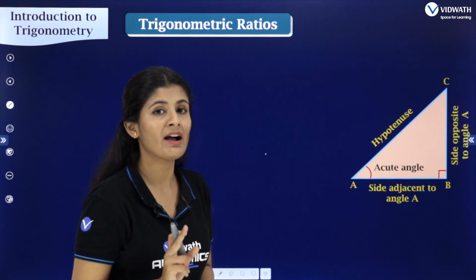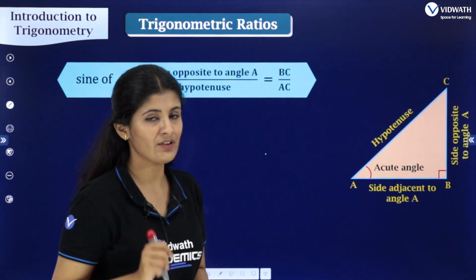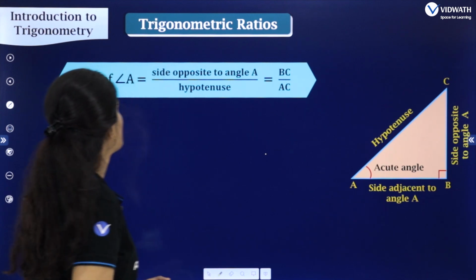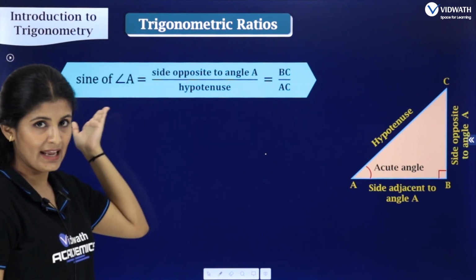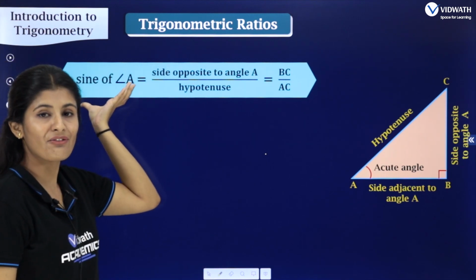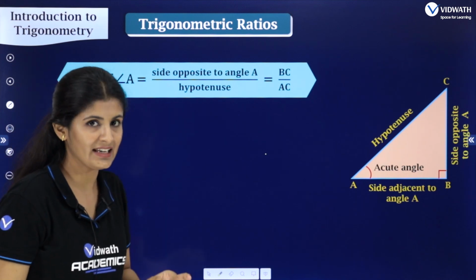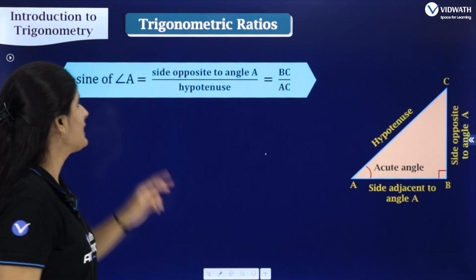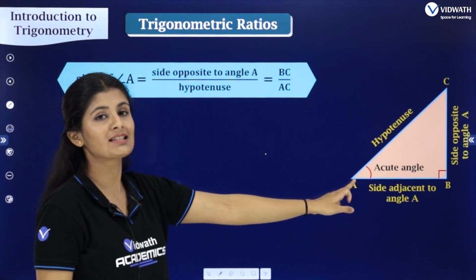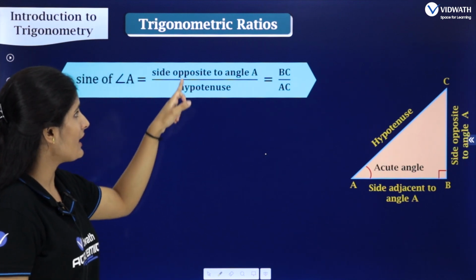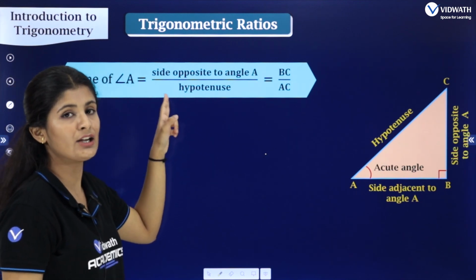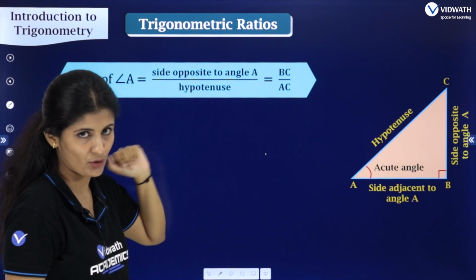Now we shall define a few ratios. The very first ratio that we will be defining is the sine of angle A. The ratio that we are defining is called the sine, S-I-N-E. Sine of angle A is given to us by the ratio of the side opposite to angle A and the hypotenuse.